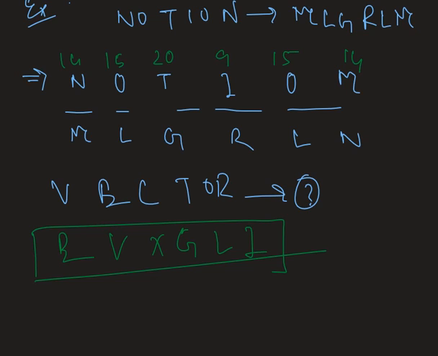Therefore, we find the number of its opposite letter by subtracting 14 from 27. That is, we get 13 here, and we get 12, here we get 7, here we get 18, here we get 12, and now here we get 13.